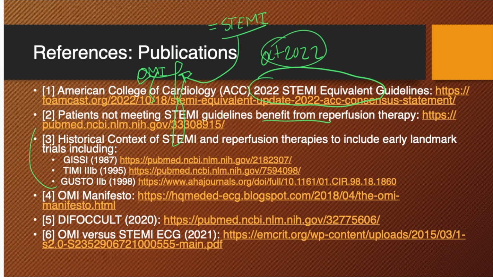Here are some of the landmark trials that were done in the late 1980s into the late 1990s. ISIS-2 was the landmark trial that established fibrinolytic therapy. It was completed and published in 1987. And then you have TIMI 3B, GUSTO. You've got the OMI Manifesto. You've got the DIFOCCULT study.